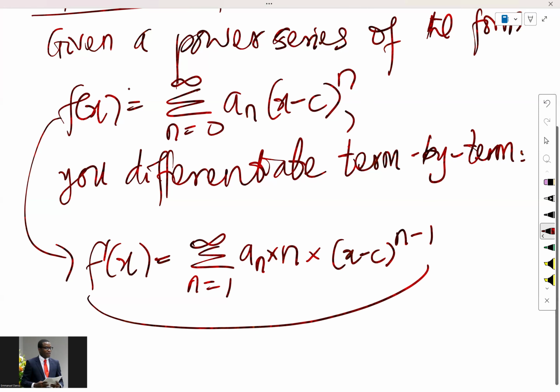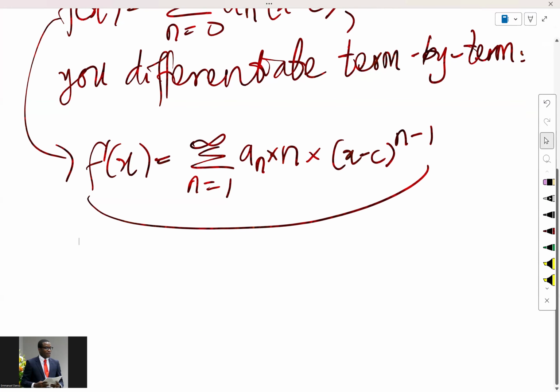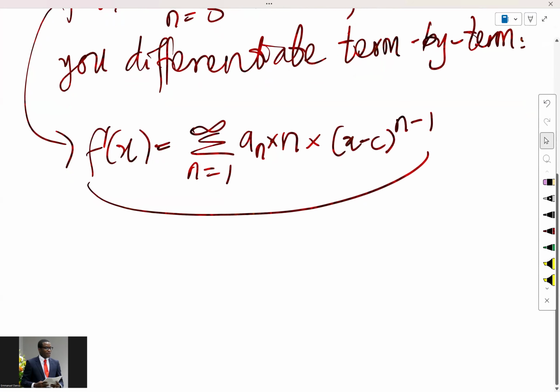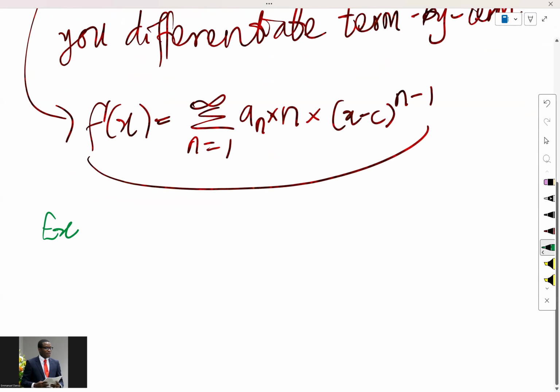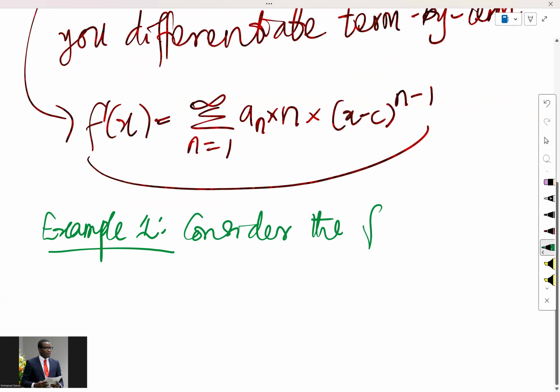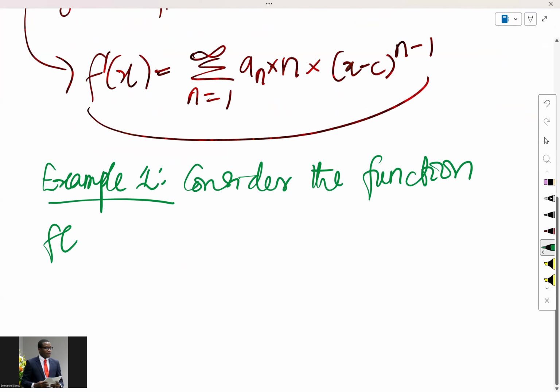Okay, so let's see some examples. Example one, where we consider the function f of x equals summation from n equals 0 to infinity of x raised to power n.